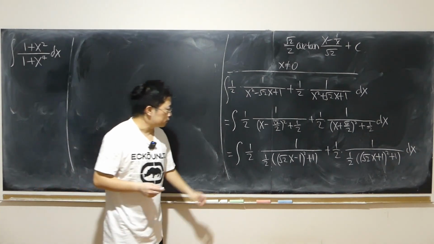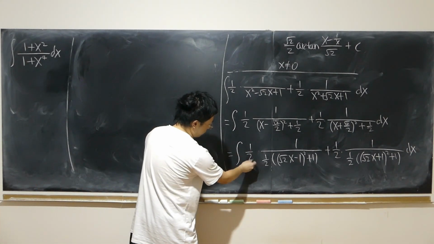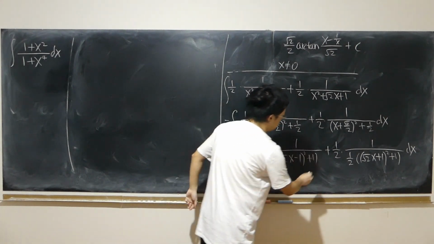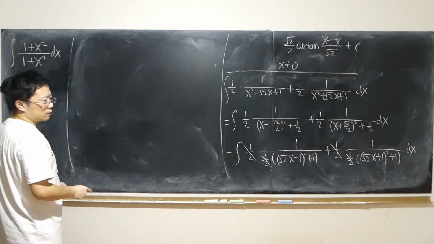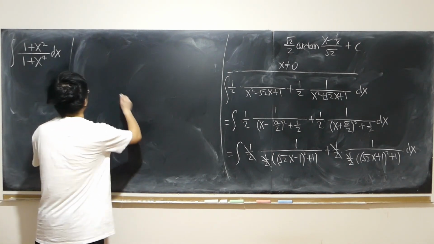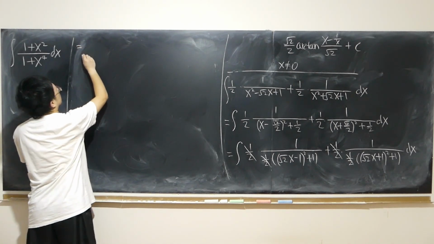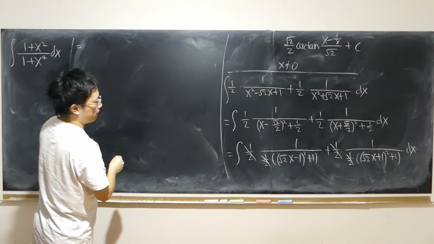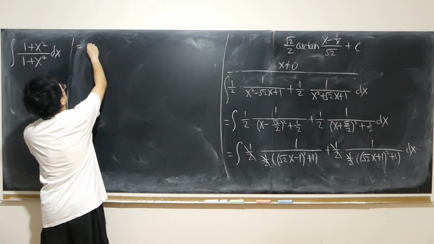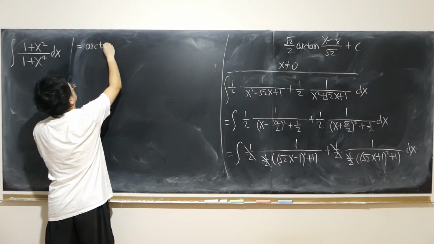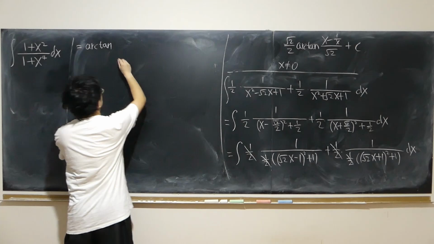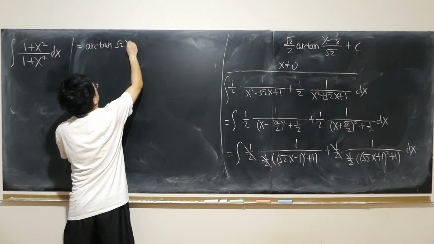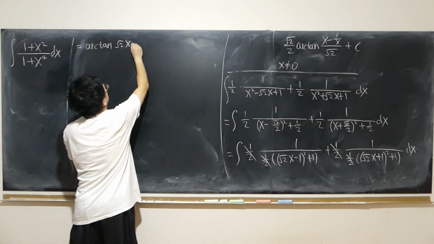Yes, so now I can easily cancel this half, right? They just cancel out. So that becomes arctangent of whatever this is, square root of 2 x minus 1.